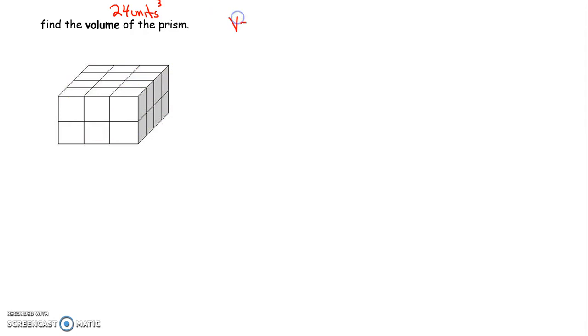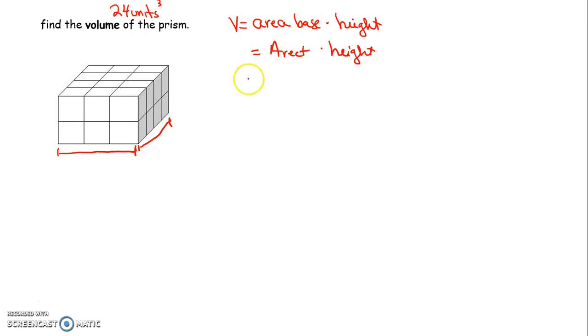But you know, we're going to do volume equals area of the base times the height. Our base happens to be a rectangular base. So the area of that base would be the area of the rectangle times the height. The area of a rectangle is your length times width, and then we'll just multiply that by the height.